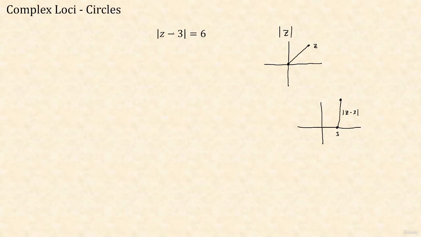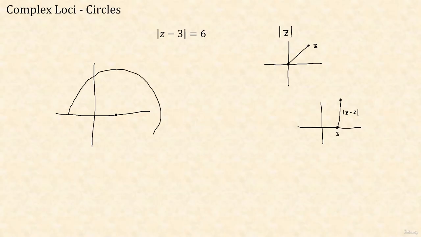So what does that mean for this? The distance to the point 3 should equal 6. So what is that? Well, that is a circle centred at the point 3 with a radius of 6. I'll do my best to draw a good circle here, but you can certainly imagine what I'm trying to do and do a better one yourself. So what we have here is all of the complex numbers that are 6 units away from the point 3.